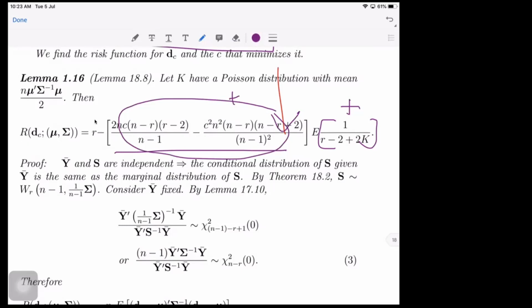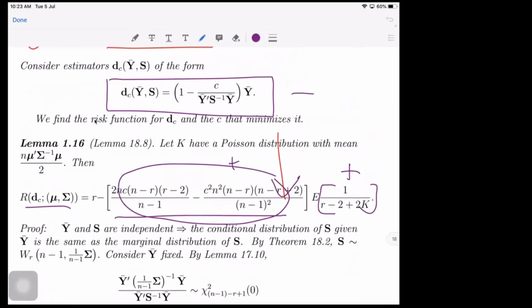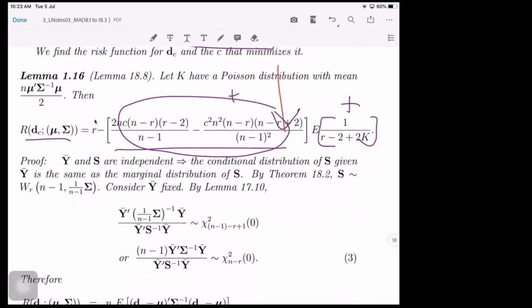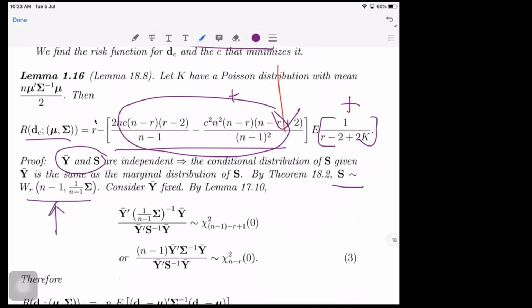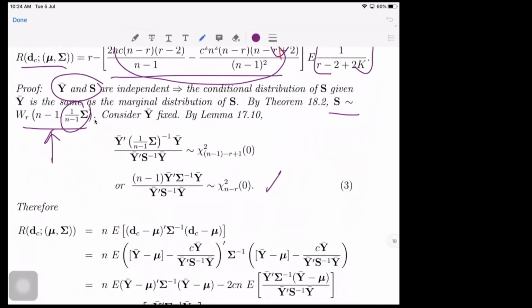So how do we show the risk associated with DC, or DC of any estimator of this form? We still use the property that y bar and S are independent. The distribution this time is no longer chi-square, but you use the generalized version, which is Wishart with this estimation. So that this form here will have a chi-square distribution for y bar.